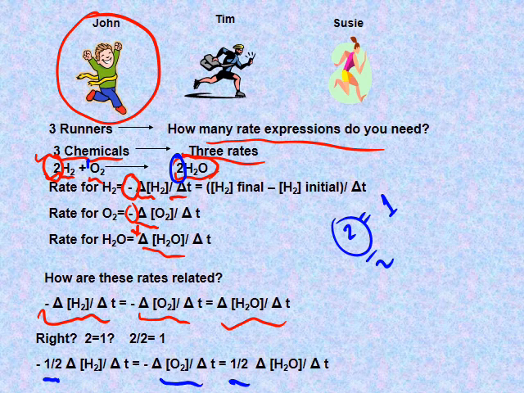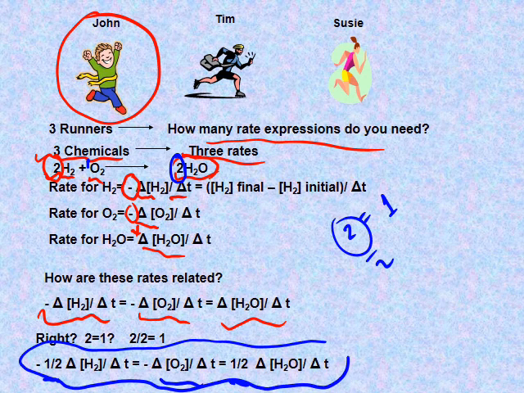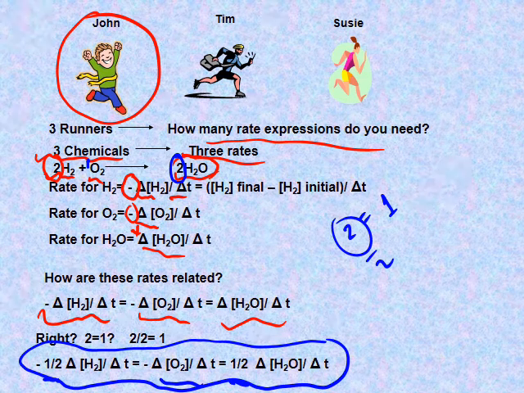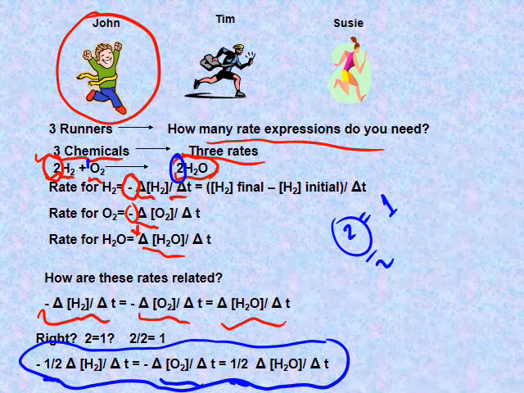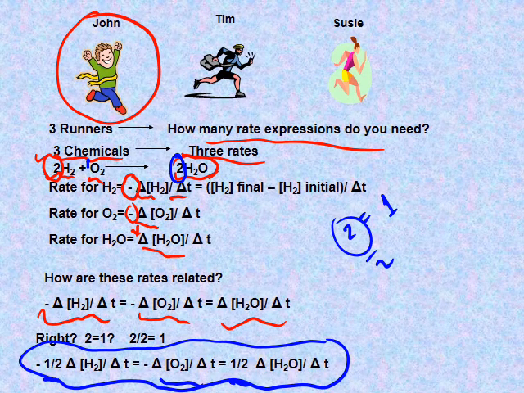So this is the rate relationship among all these reactants or products in this reaction. Keep this in mind: you can find the relationship between rates by looking at the coefficients of the balanced reaction. In this case, 2, 1, and 2.